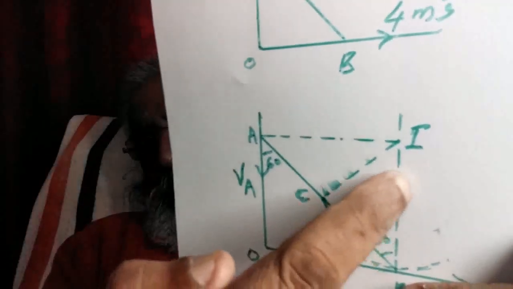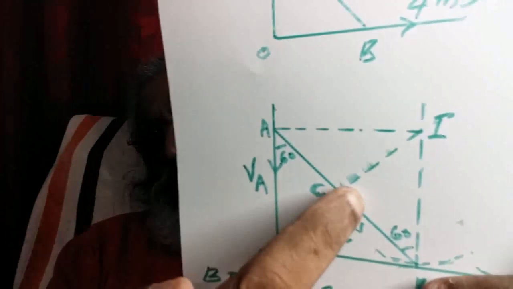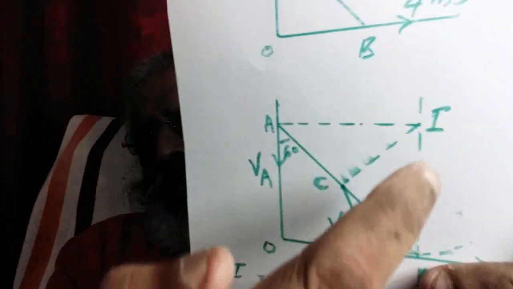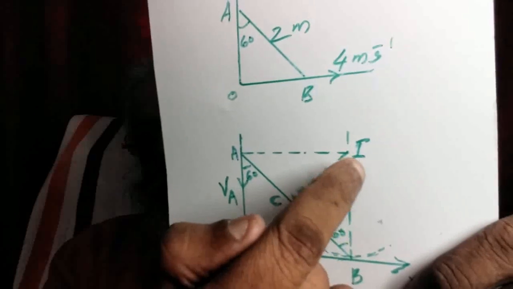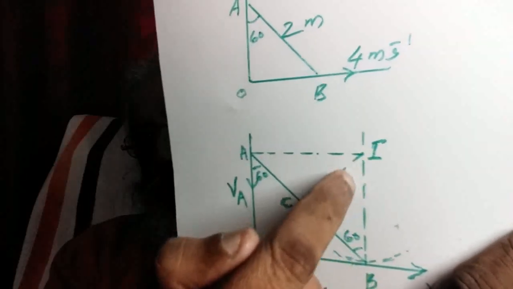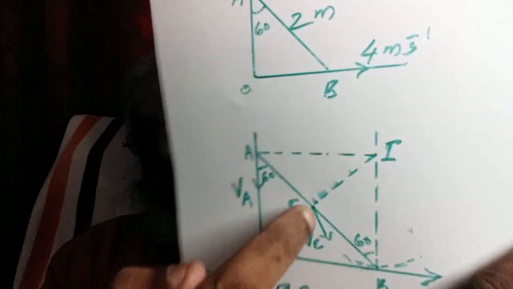Next we have to find out the velocity of the center of the rod C. Now as far as this particular instant is concerned, the entire rod is in rotation. Every particle in the rod is in circular motion with I as the center, but the radius may be different. You draw this line CI.